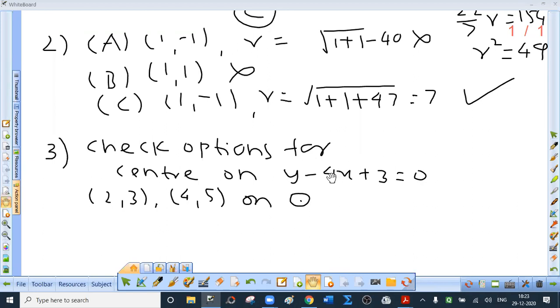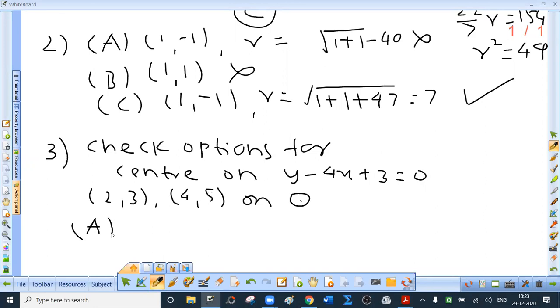So there are two options. Suppose you find that the circle given in option A has its center on the line. Then check for B, C, D. If the circles in options B, C, D have centers that do not lie on this line, then you can declare that A is the correct option. Otherwise, you check whether these points lie on the circle or not. In this case, option A.